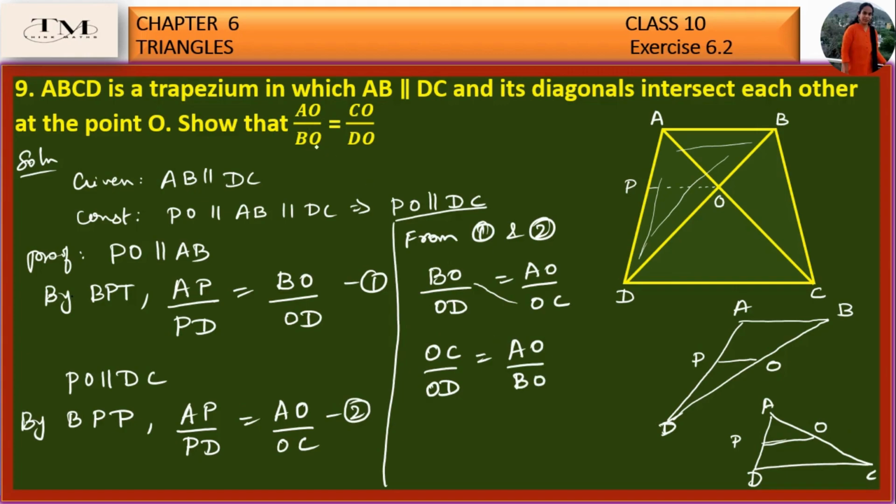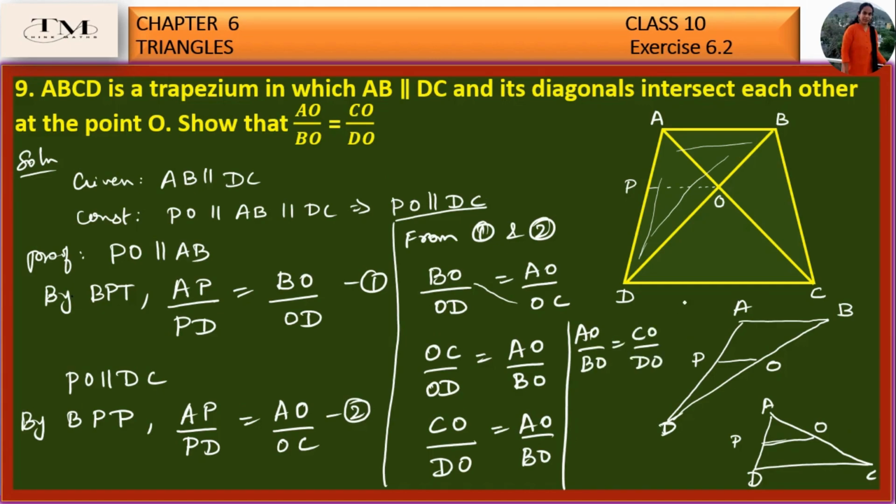So AO by BO is equal to CO by DO. We can write this as AO by BO is equal to CO by DO. Okay. So we have proved it.